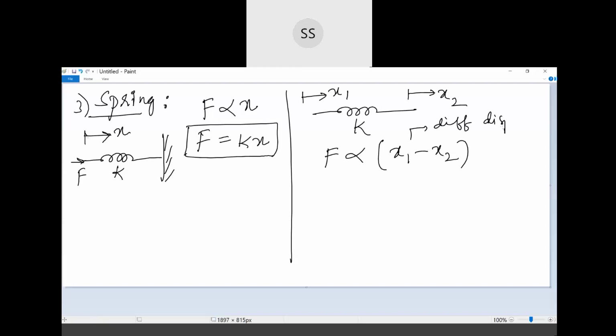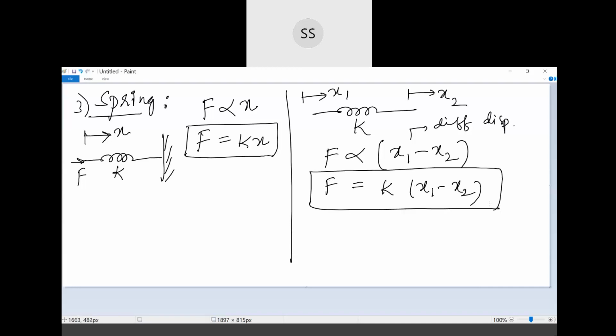Differential displacement, or F is equal to K into (x1 minus x2). So this is the force balance equation for the spring element which has two different displacements at the two ends. So in mechanical systems, we have now discussed three ideal elements.